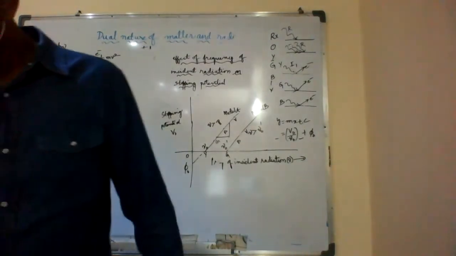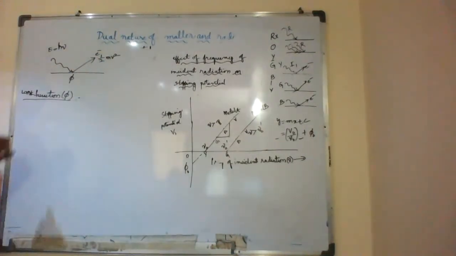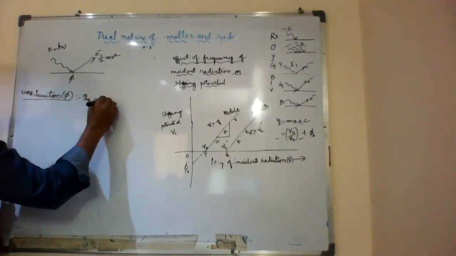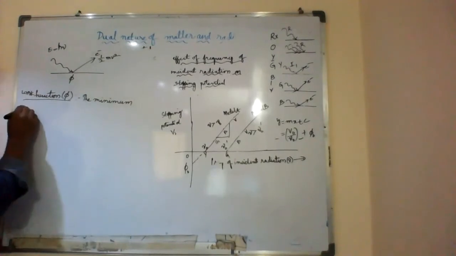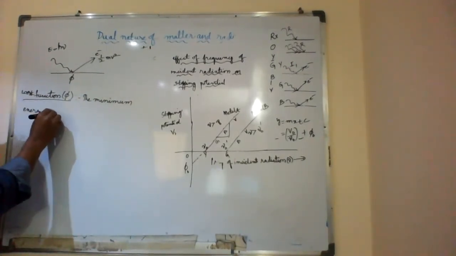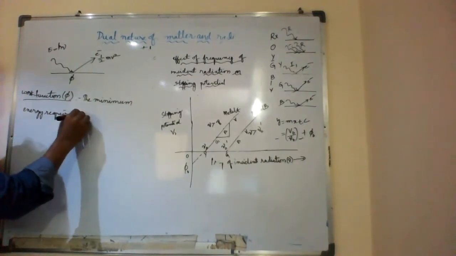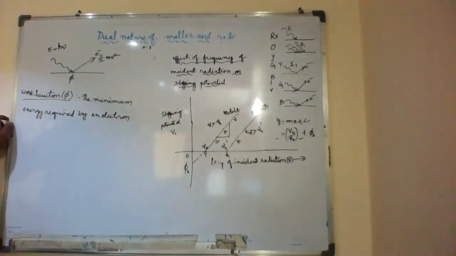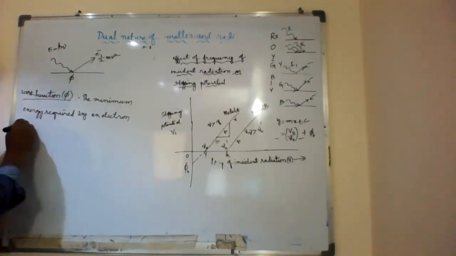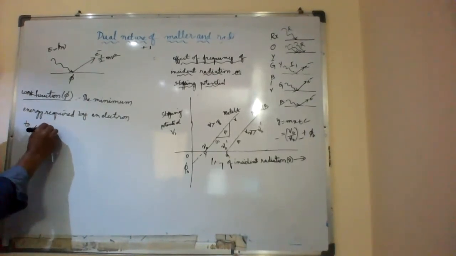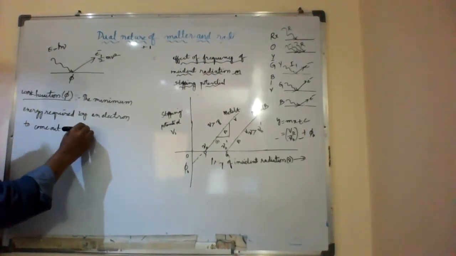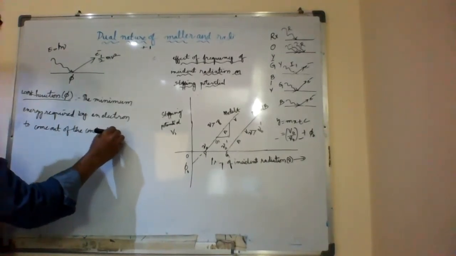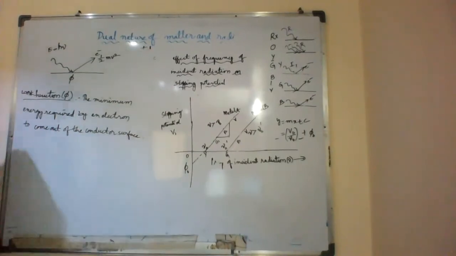Work function is the minimum energy required by an electron to come out of the conductor surface. To come out of the conductor surface, that is said to be what? Work function.